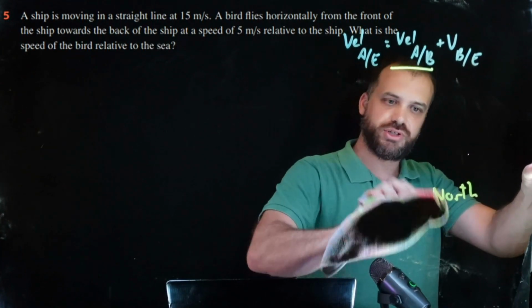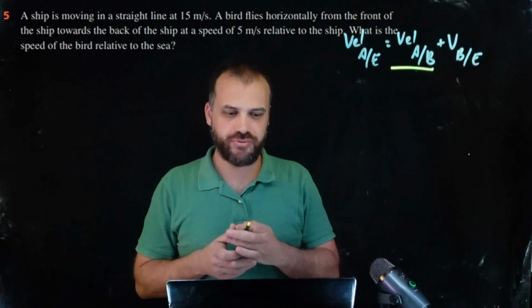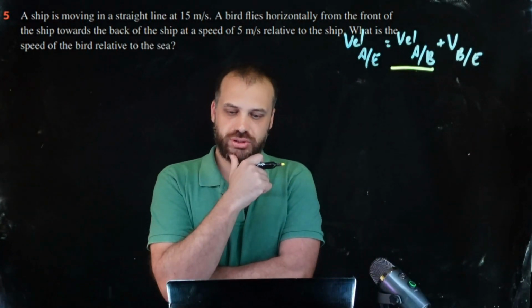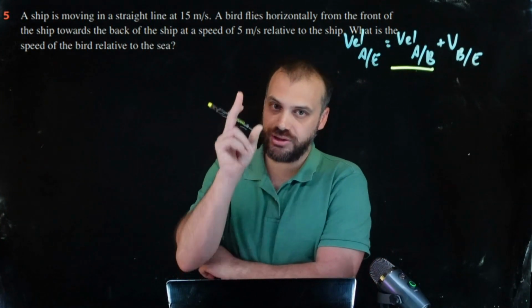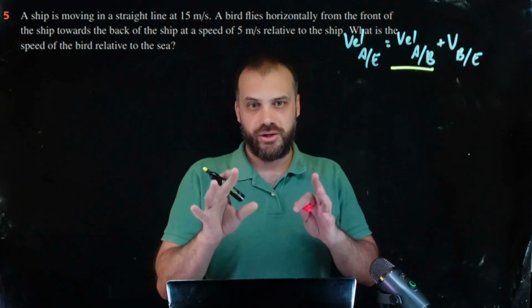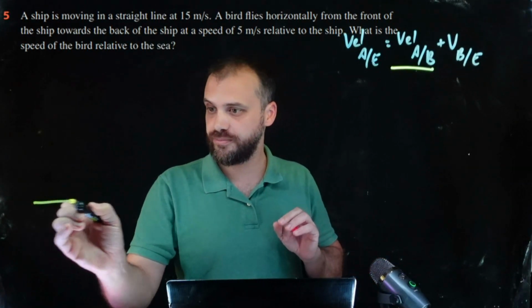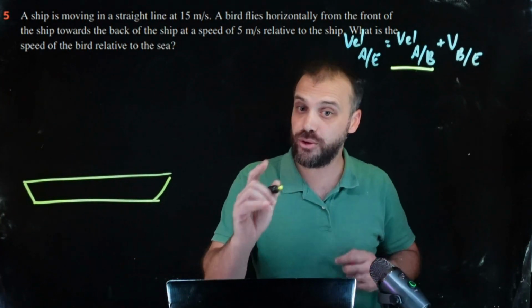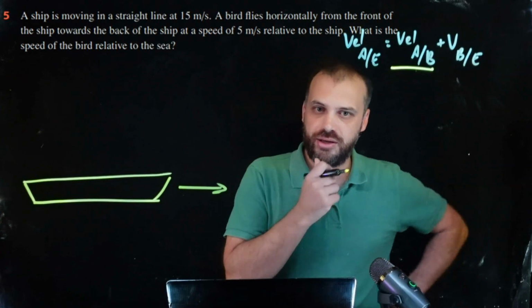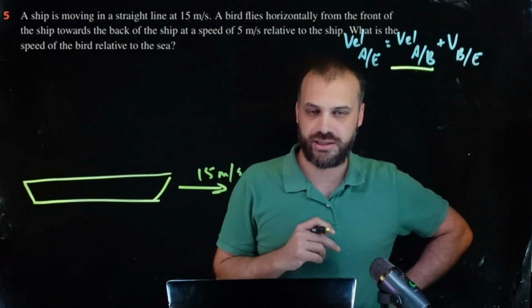A ship is moving in a straight line at 15 meters per second. A bird flies horizontally from the front of the ship towards the back of the ship at a speed of 5 meters per second relative to the ship. Okay, people get really confused about this question. So let's look at it. It is a boat. That is my boat. Okay, and my boat is traveling in this direction at a speed of 15 meters per second.